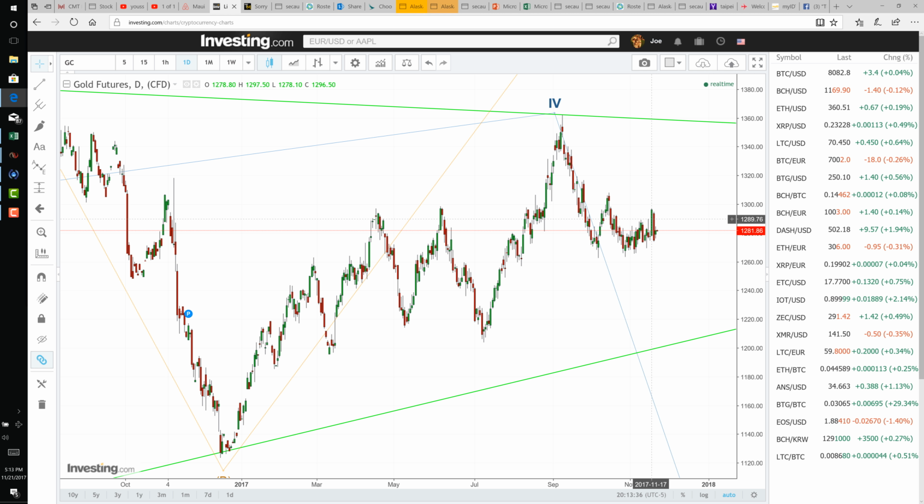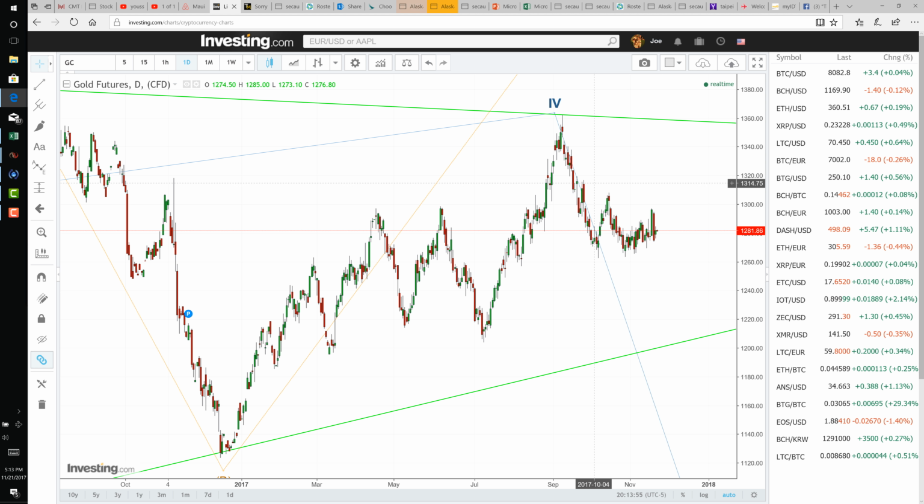But from the looks of it, it's possible that if this is the 3 here, and this is a 4, and then this is 1 of 5, this is 2 of 5, then price needs to start to come back down.